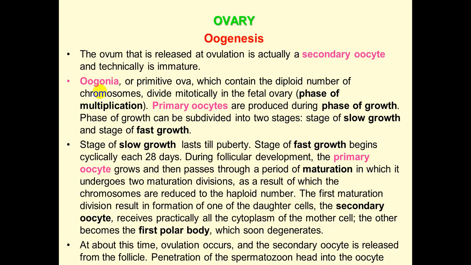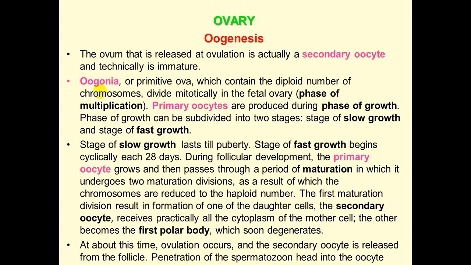And if spermatogenesis has 4 phases, remember, multiplication, growth, maturation, and formation, here in oogenesis we can find only 3 phases: multiplication, growth, and maturation. Only 3. The phase of formation is absent.